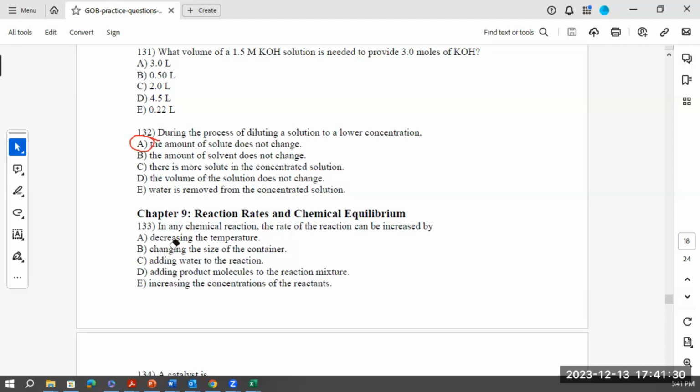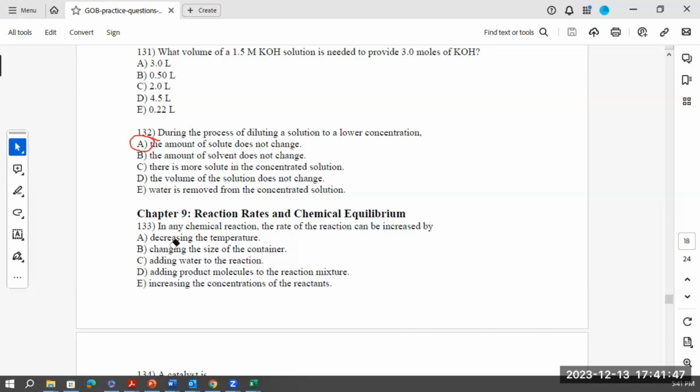Okay. So if we had, let's say, bigger pieces, right? Exactly.